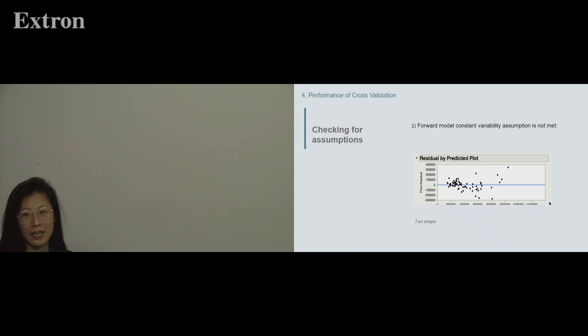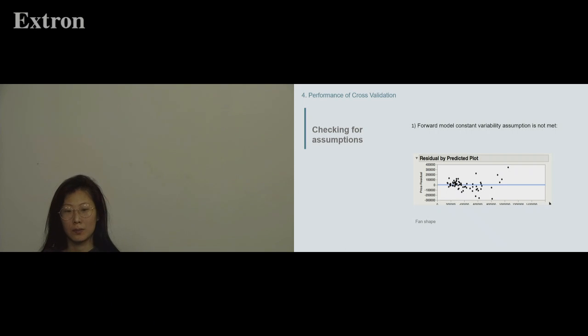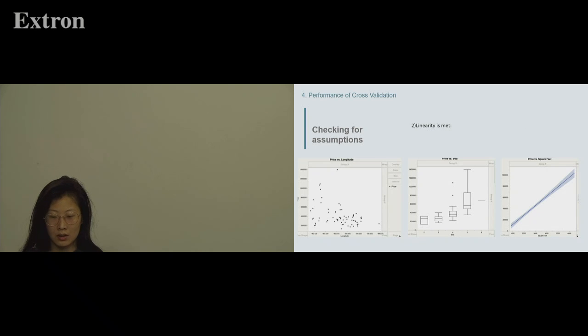We checked the assumptions to make sure that predicting housing prices in Mandeville, Louisiana is more accurate. First, we checked the constant variability assumption, which is not met because we can see a fan shape in the picture. Although there are a few outliers, the linearity is met.